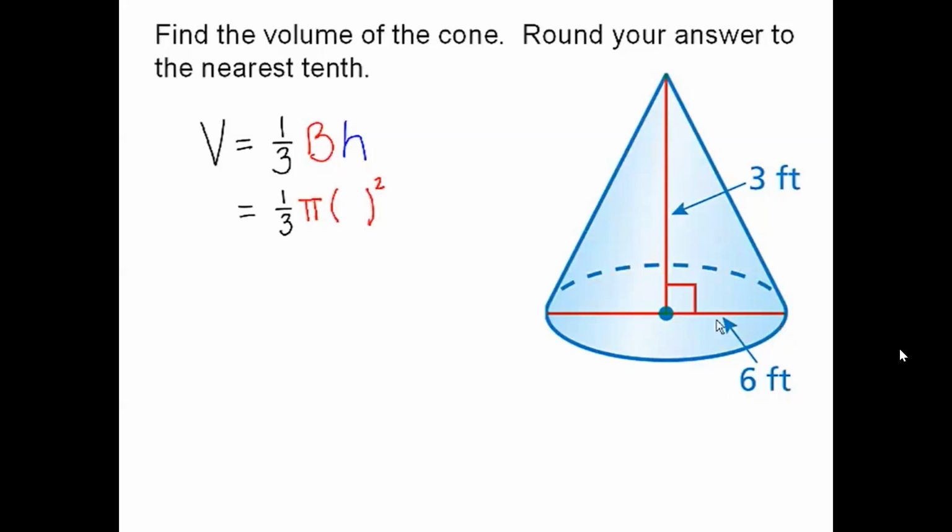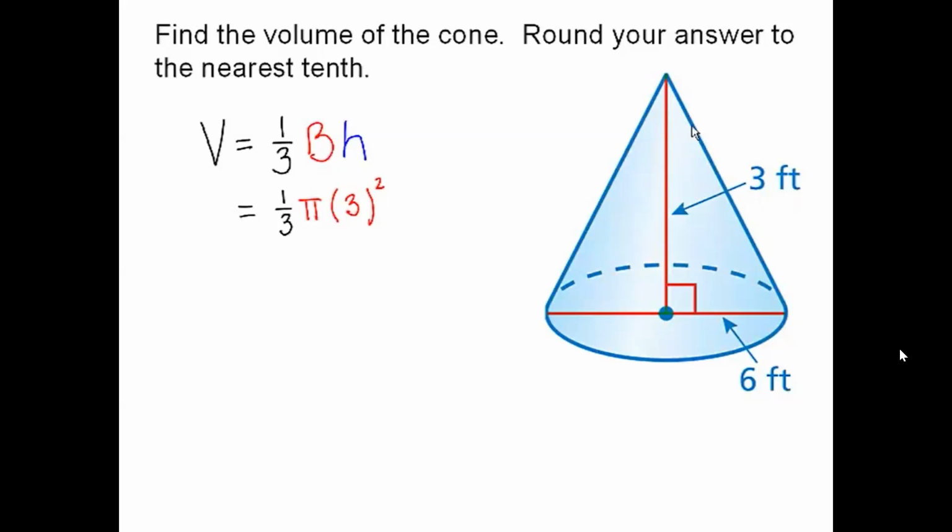What's our radius of the base? In this case, we're given a diameter. Remember, the diameter is twice the radius. So we'll divide 6 by 2 and find that our radius is 3. So the area of the base is pi times 3 squared. Now we need to substitute in the height.